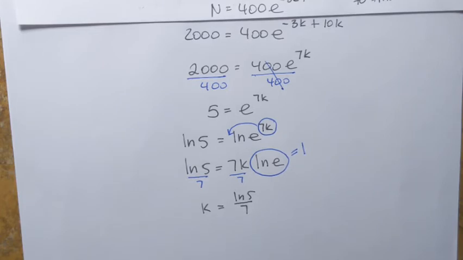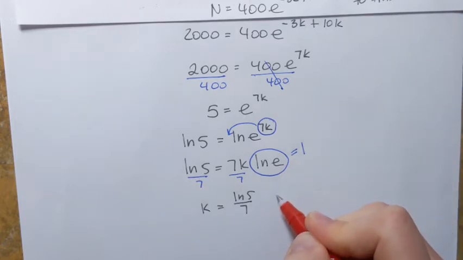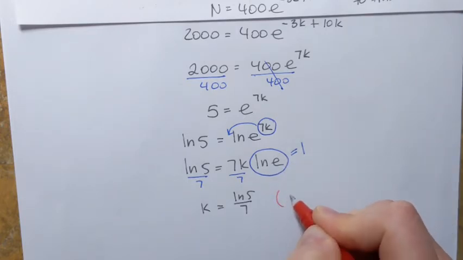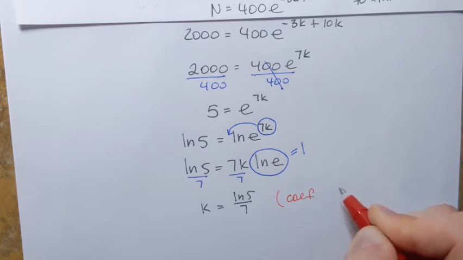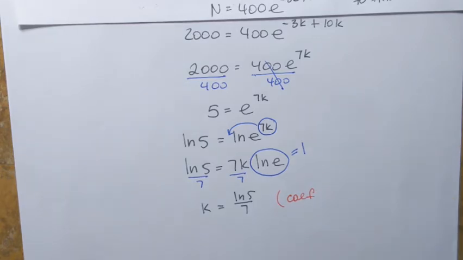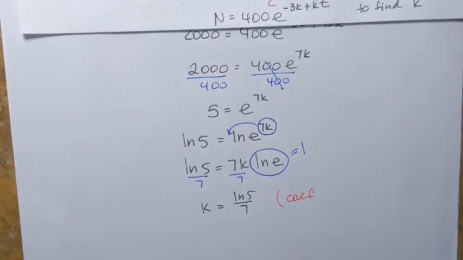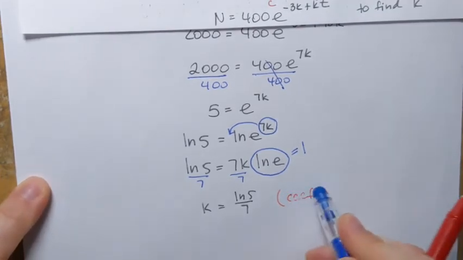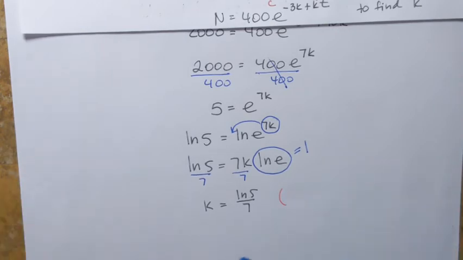Let's put it all together and look at our function, finally, its final version. So that's the coefficient, not coefficient, constant, let's call it constant of proportionality.